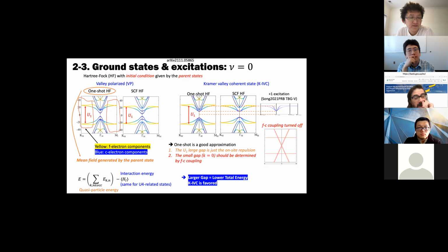But I still don't know how to fully get superconductivity in this model. I know there are many models written by many people. I've written one model too, but I think the problem is not fully solved. Yeah, I agree. Okay. Thank you. Thank you.